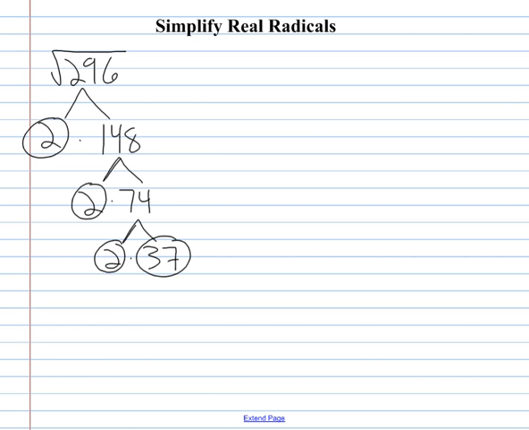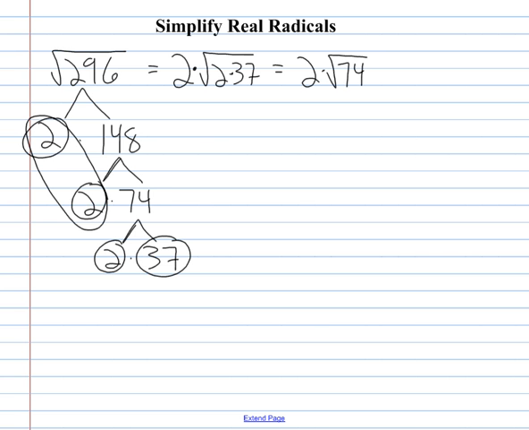So now we look at our tree and find any pairs, because that's a perfect square, 2 times 2. Square root of 2 times 2 is just regular 2, times radical of whatever's left over, so that 2 times 37. There were no perfect squares there. So our simplified form would be 2 times radical 74.